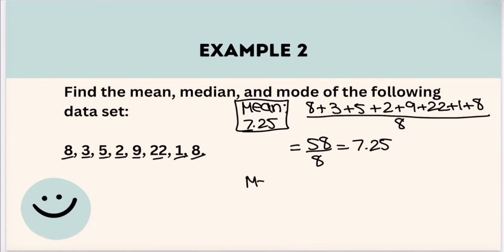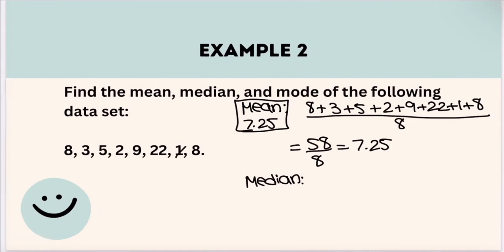The next one is the median. So the median is our middle number. Now, something I want to note is that in order to find the median, we must order the data set from smallest to largest, or I suppose from largest to smallest would technically work too, but generally we will do it from smallest to largest, so that's what I'll be doing today.